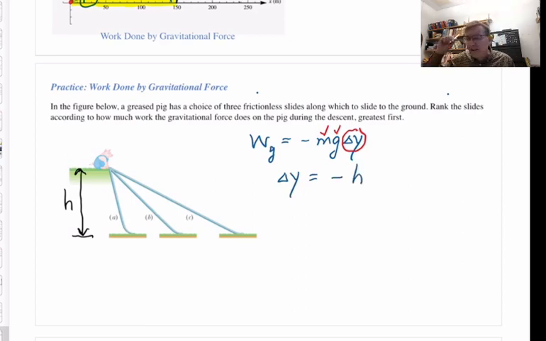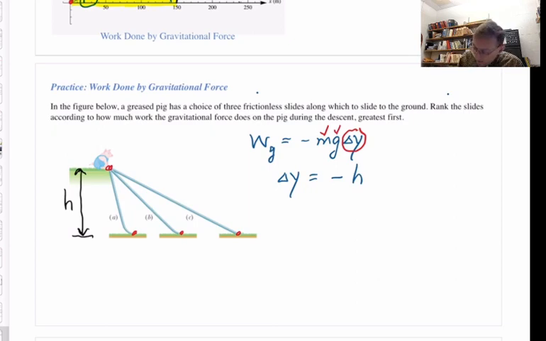And the negative sign is vital, because this formula for W grav is derived assuming a y-axis going vertically up. And this pig goes from a point with a y-coordinate up here to a point with a y-coordinate on the ground. In all 3 cases, that's a downward motion, so the delta y is negative, and of course it's negative h.